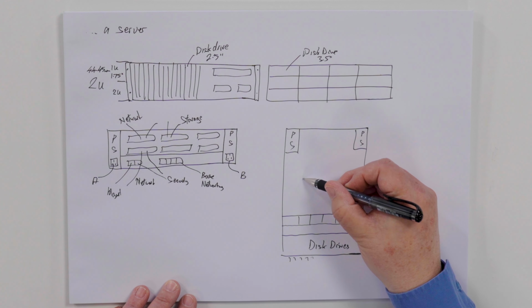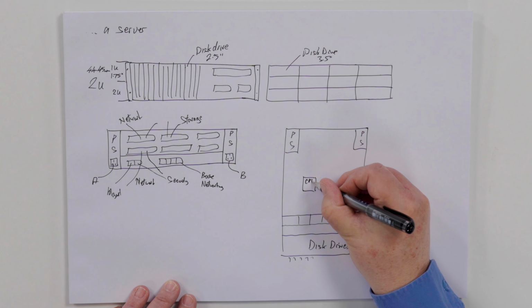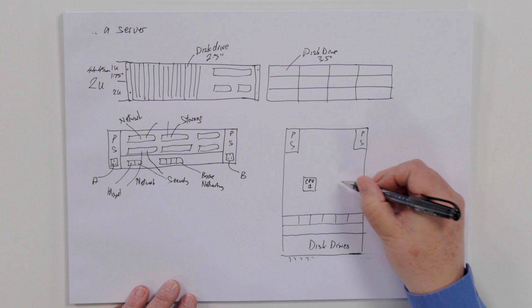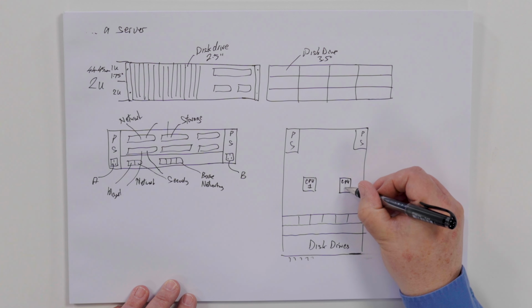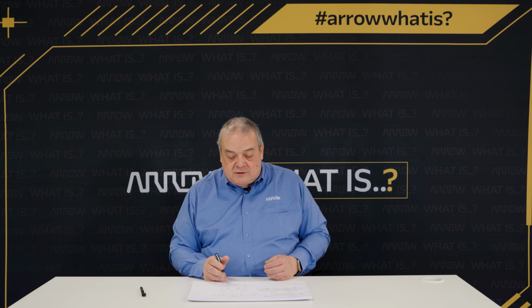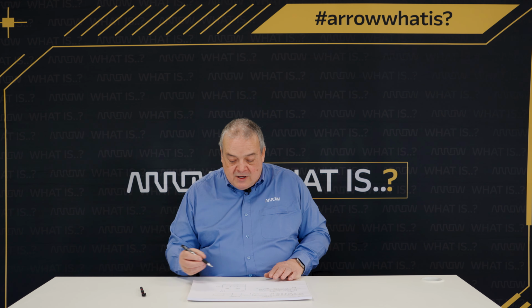So if we look inside the server, what we will have will be processors. We'll call that CPU 1, central processing unit, and we'll call that CPU 2. So in a 2 CPU system, we have the capability of balancing workloads and firing up workloads in the 2 different CPUs. Attached to the CPU will also be memory.